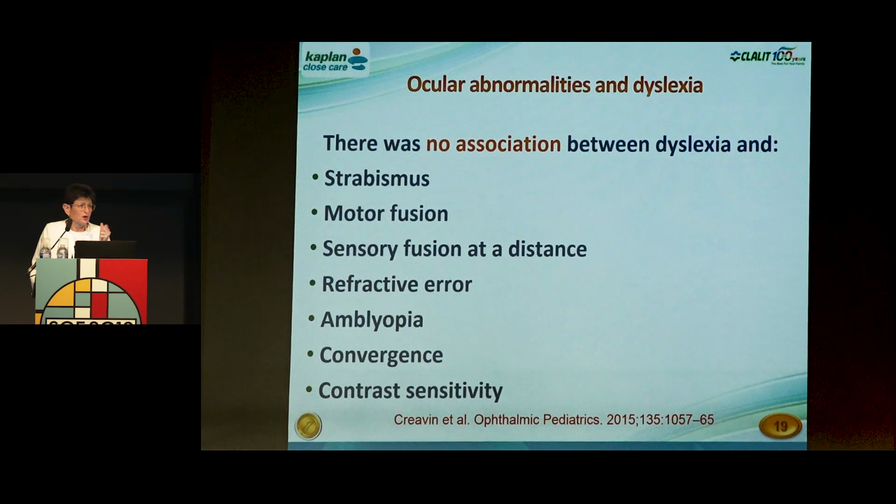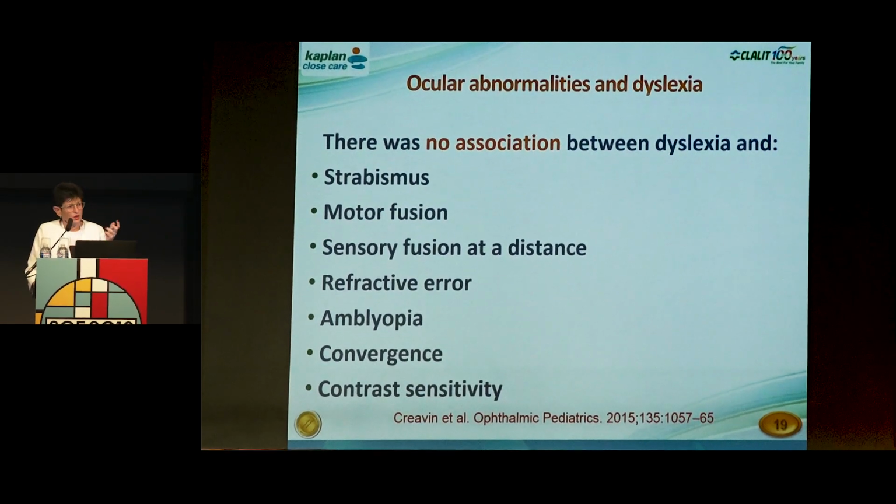What about ocular abnormality in dyslexia? I mentioned in the beginning of my talk that there is no correlation between ocular abnormalities and dyslexia, and indeed, Krivin and his associates published the biggest study on dyslexia and ocular abnormality.